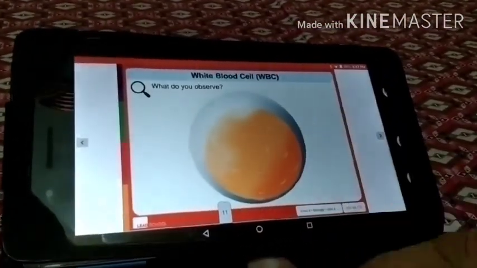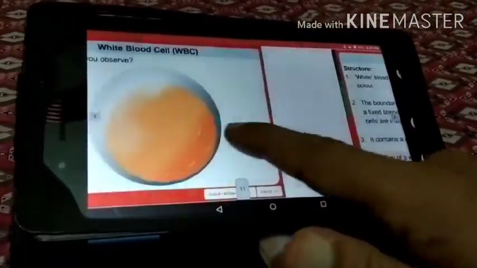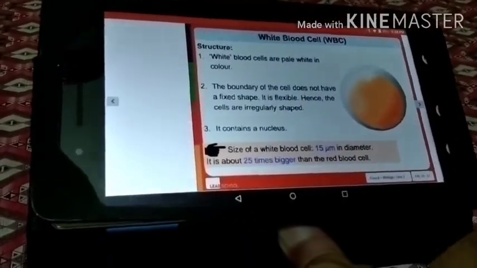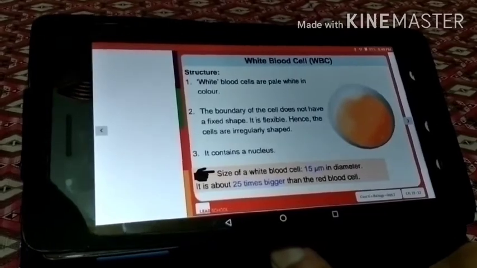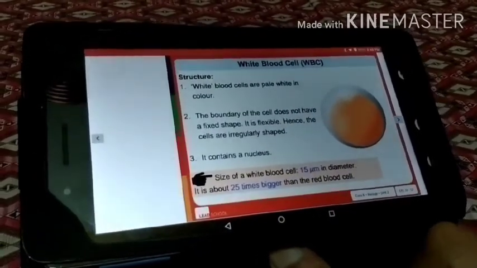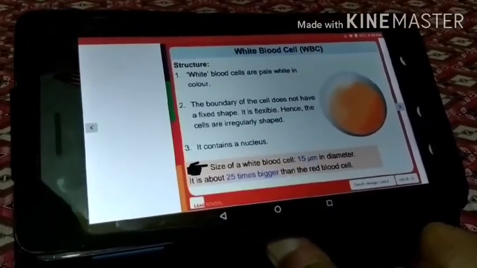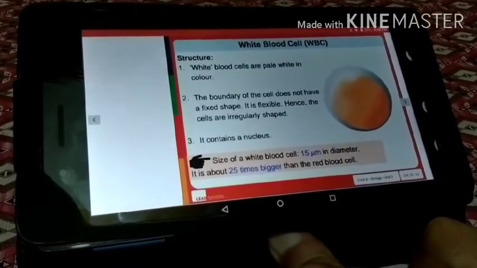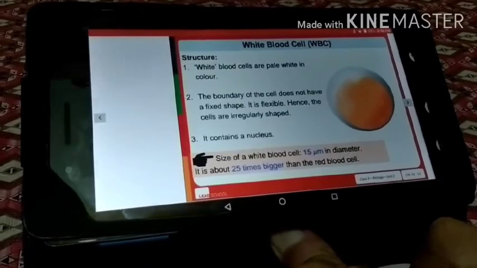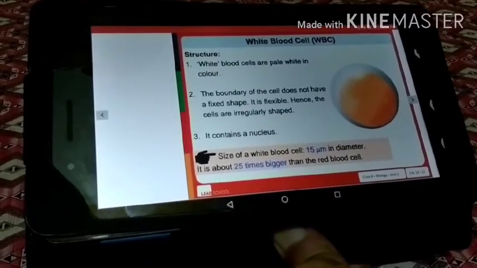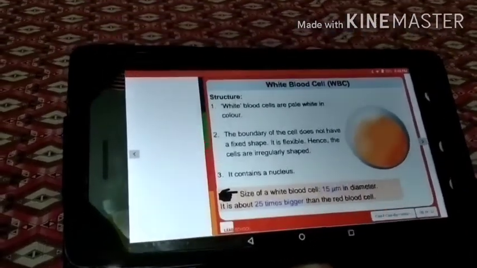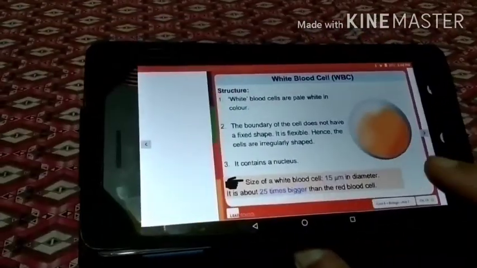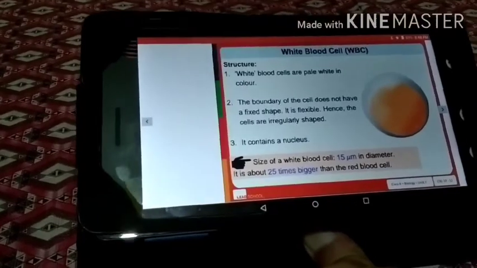What do you observe here? It is a white blood cell. So what is the structure of this? Number one, white blood cells are pale white in color. The boundary of the cell does not have a fixed shape. It is flexible, hence the cells are irregular in shape.